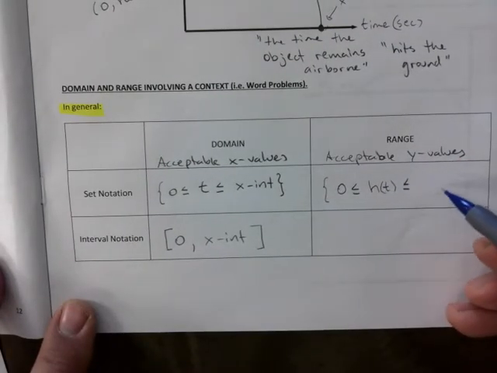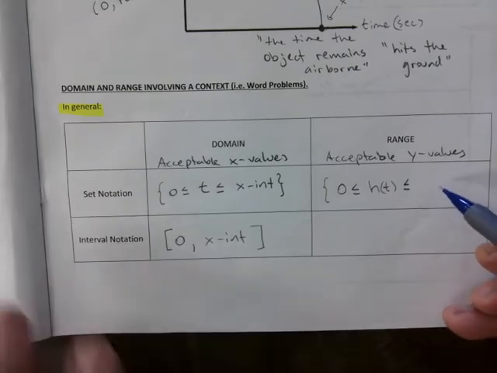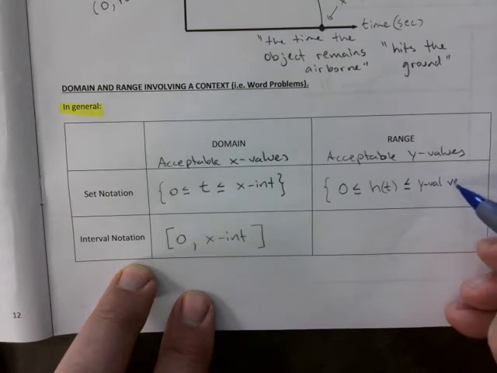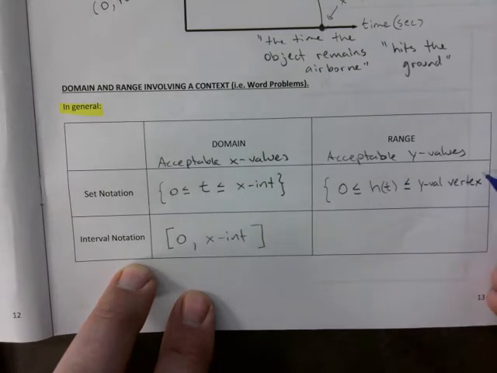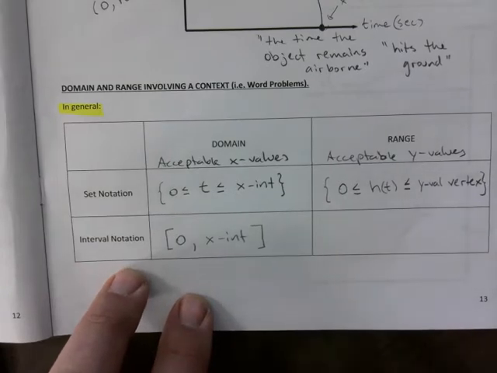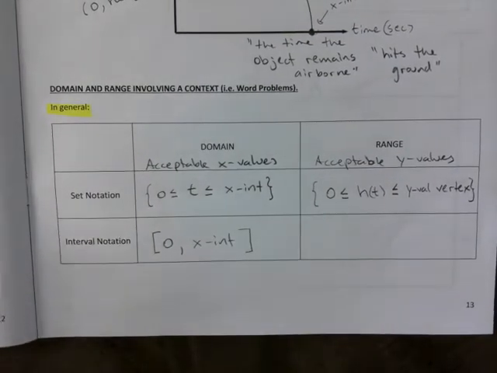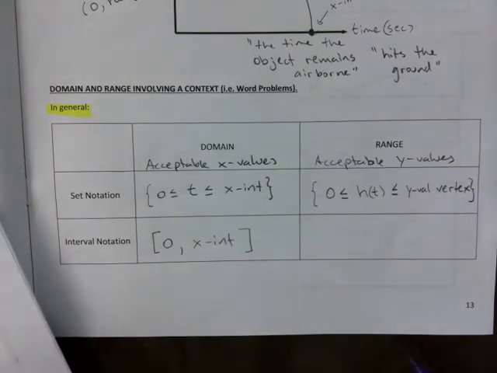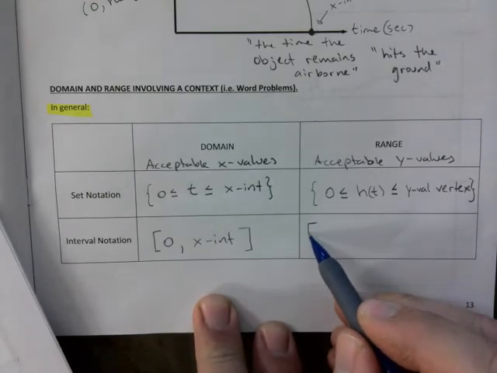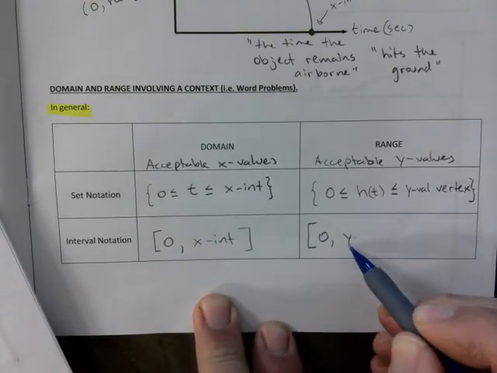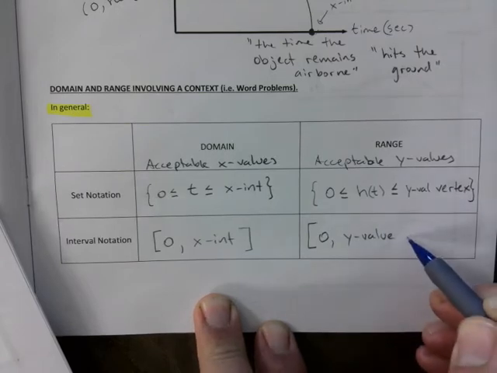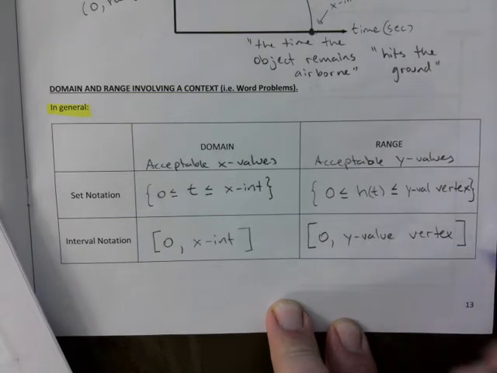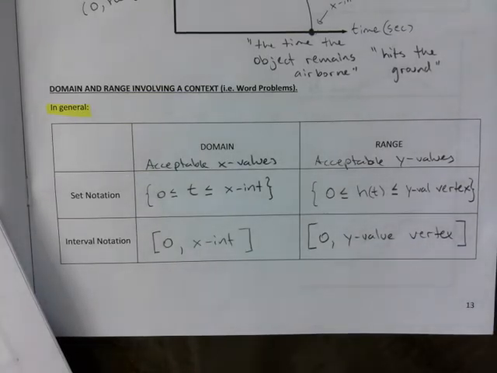And what's the highest point this thing gets to? It's the y value of the vertex. I'm shortening it or else I'll be in trouble here. So it goes from 0 to the highest point, which is determined by the y value of the vertex. Okay. And here you go from 0 to y value of vertex, which is the max, right? In this case, it's the max.